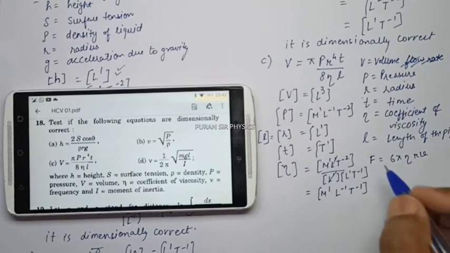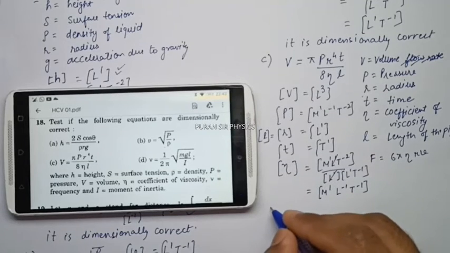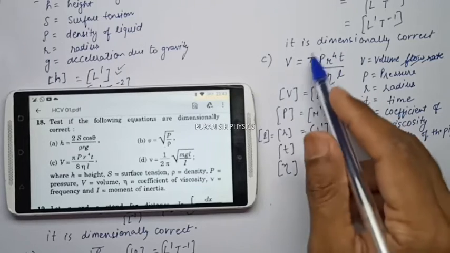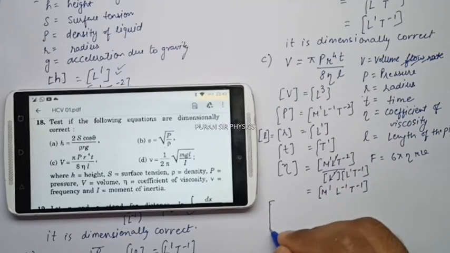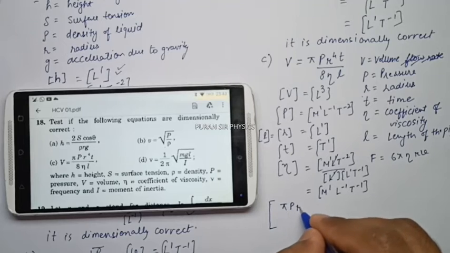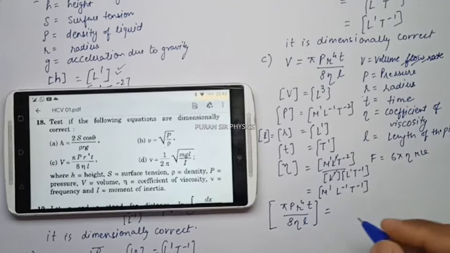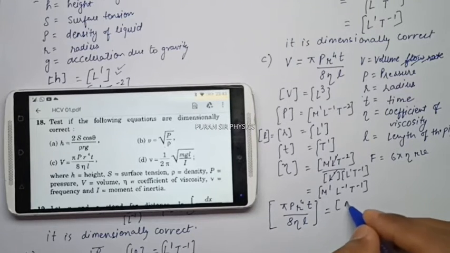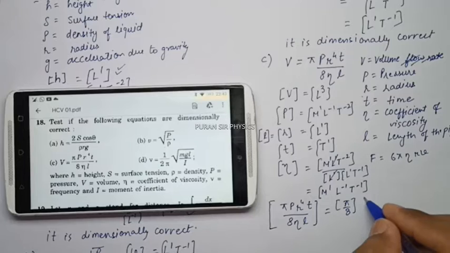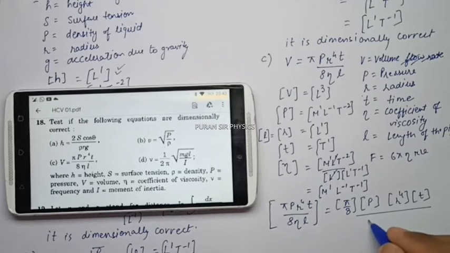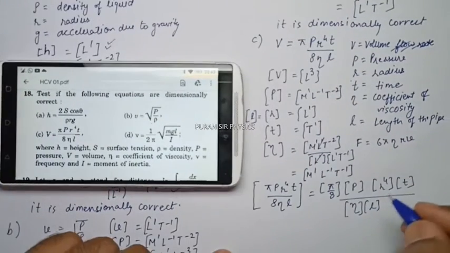And L has the dimension of length. So the left hand side has the dimension of L cube. Let us see what is the dimension of right hand side. So it can be written as dimension of pi by 8 into dimension of P into dimension of r raised to power 4 into dimension of t divided by dimension of viscosity into dimension of length.